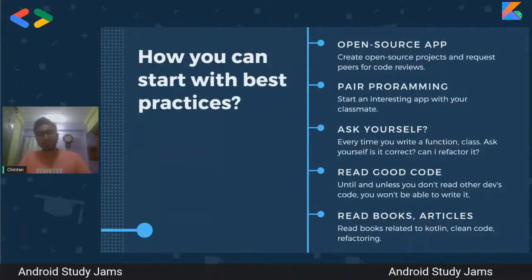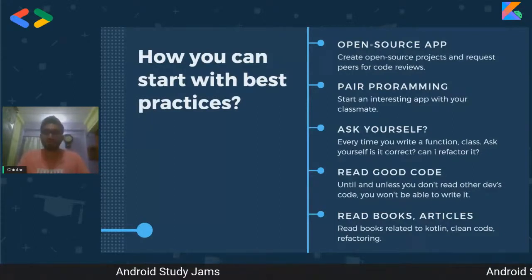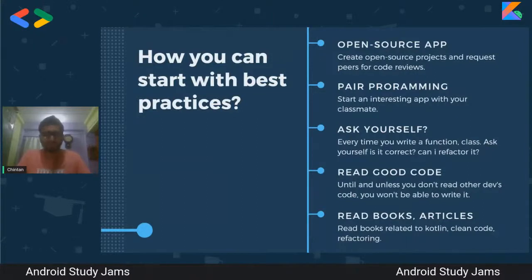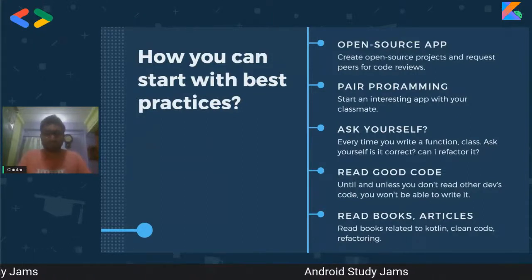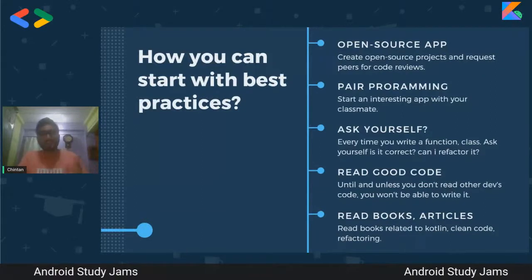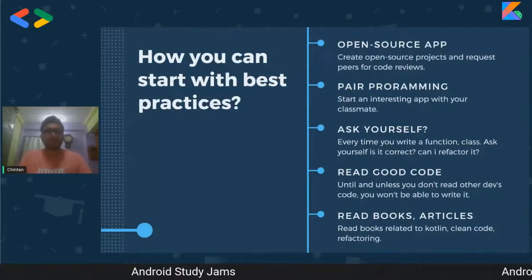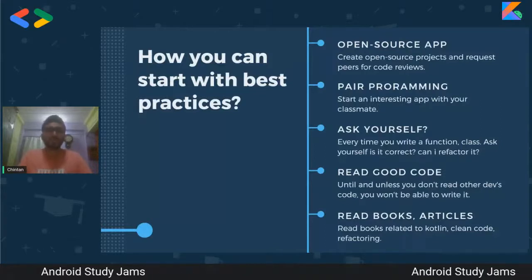Then, on top of these three things, if you want to do well, always read good code. Go check out GitHub repositories, read Medium articles, follow codelabs, and start reading good code. Because until you read the code of other developers, or of seniors in your field, you won't be able to write good code.